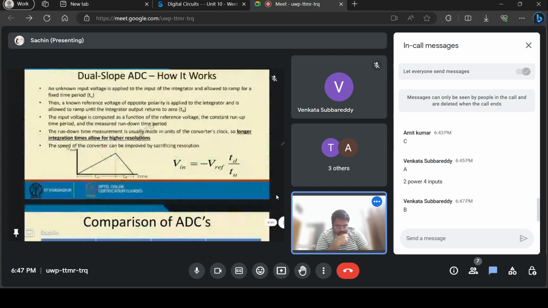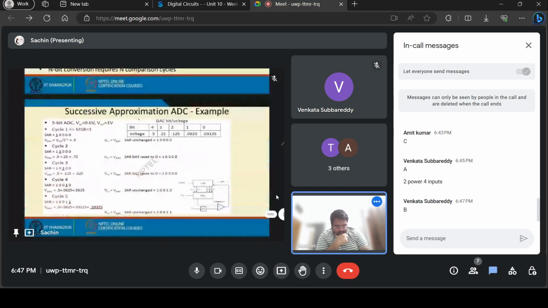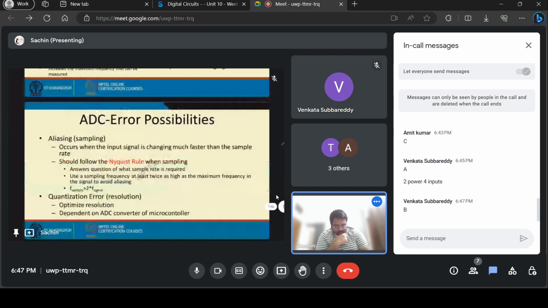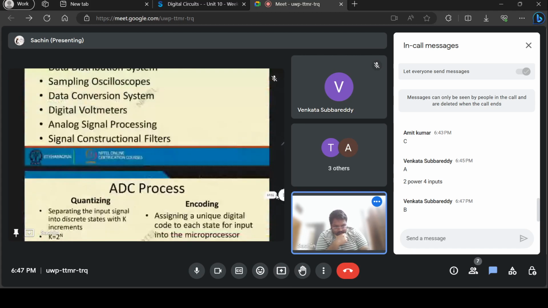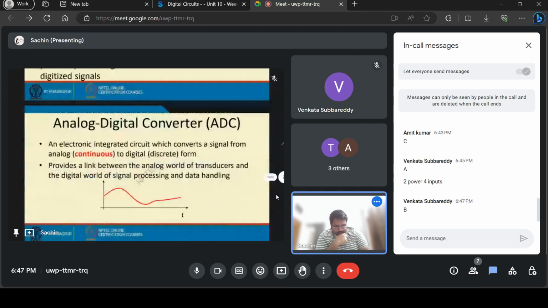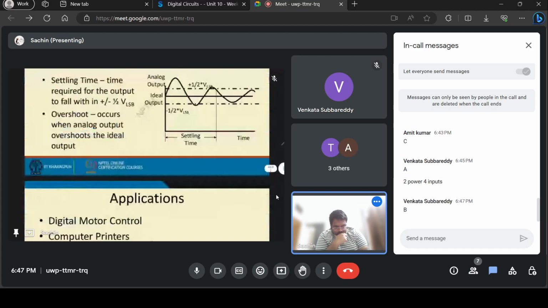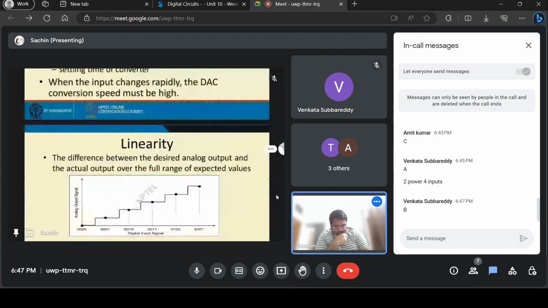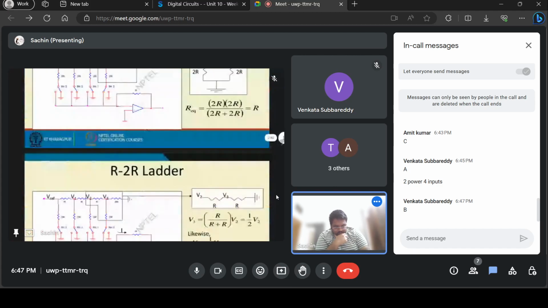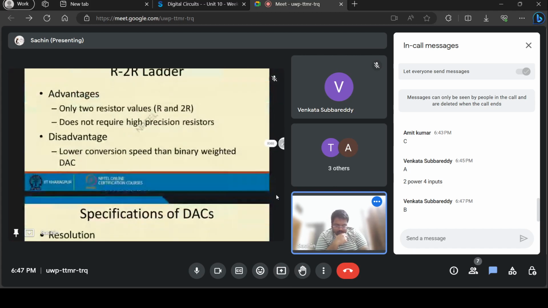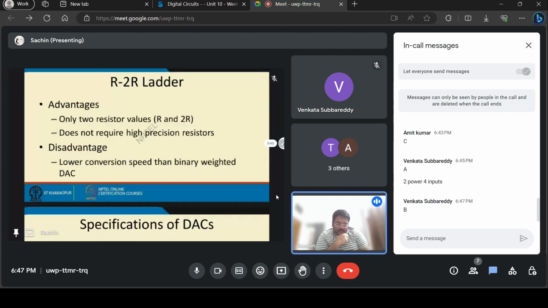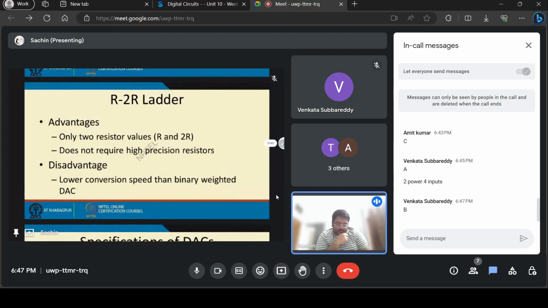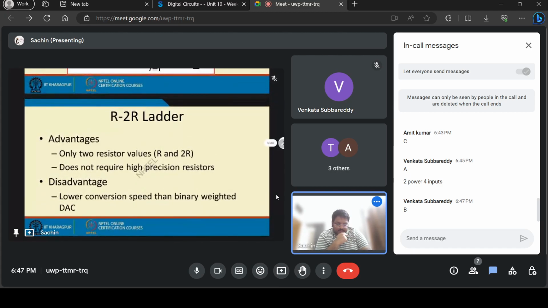They have given a comparison of advantages and disadvantages, I think. R2R ladder: only two resistor values, does not require high precision resistors. Disadvantage is lower conversion speed than binary weighted.